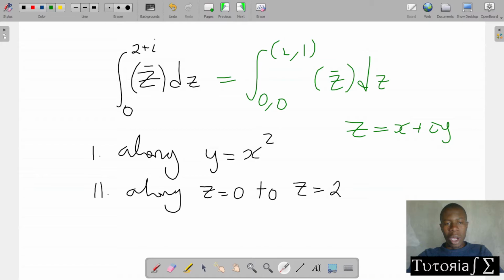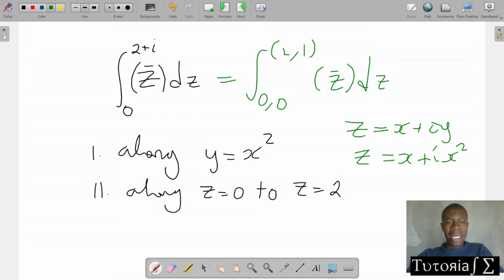According to our line here, y is equal to x squared, you can use either equation. You can make x the subject of the formula and replace here, or y the subject and replace here. For us, where there is y, we replace it with x squared, because y is equal to x squared, so we're going to have plus i x squared like that.